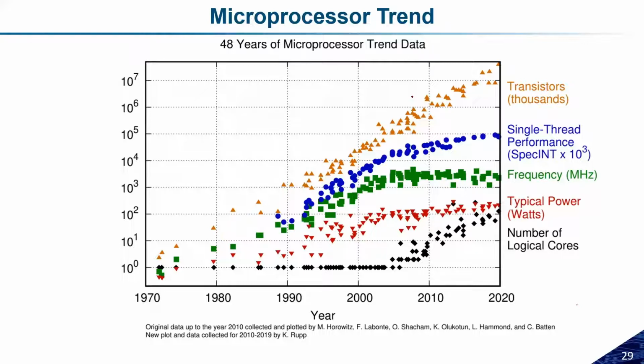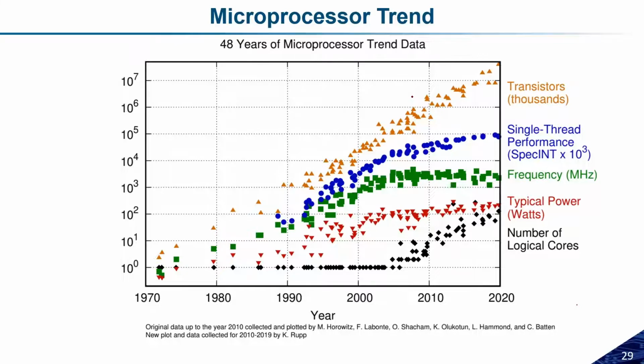The first parameter is how many transistors are there in that processor. The second is single thread performance. The third is the frequency. The fourth is the typical power dissipation of that microprocessor. And the fifth is the number of logical cores present in that microprocessor.